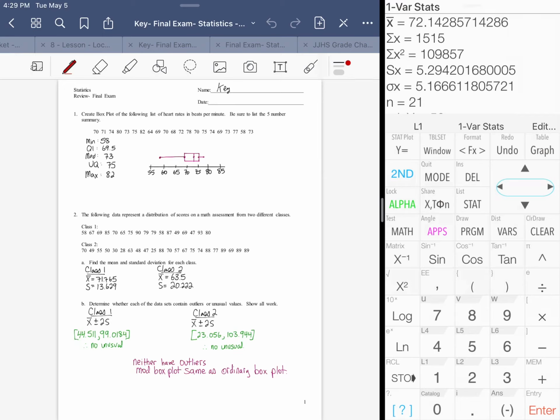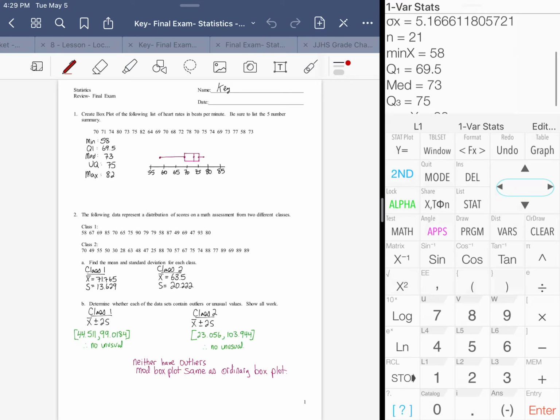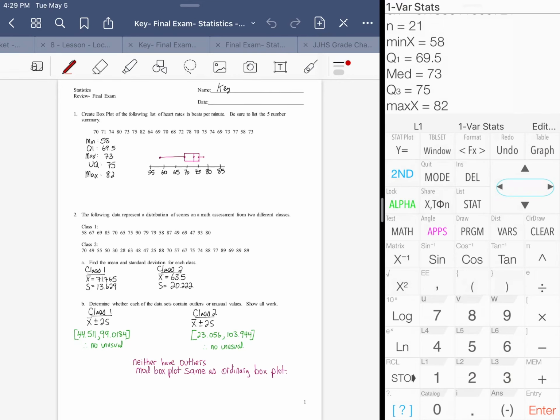It's not a population. So we have to keep that in mind if a question asks us for something like the standard deviation, because it's going to be one of these two symbols, the Sx or the sigma x, depending on whether it's a sample or a population. So something to keep in mind going forward. Anyway, that's not relevant to this problem.